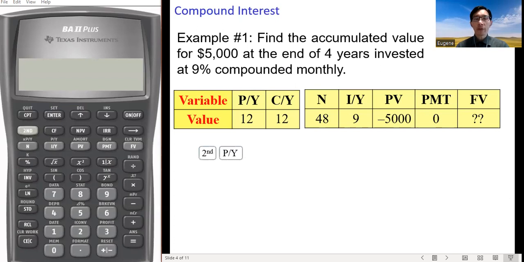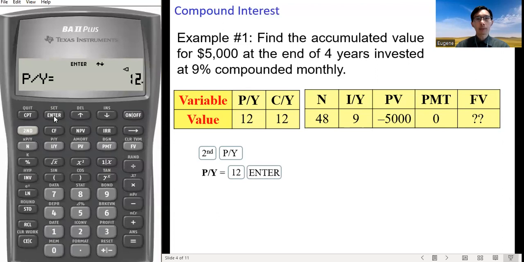Let's activate the frequency worksheet to input the variable PY and CY. Press the second key and then PY. PY equals 12. So we enter 12 and then enter.